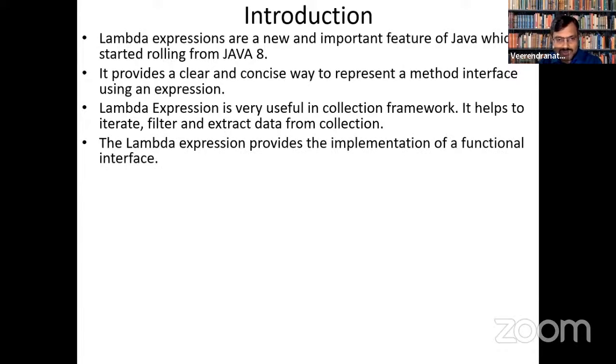Whenever we use a Lambda expression, it is the implementation of a functional interface. We generally didn't have the functional interface approach until Lambda expressions were introduced, and a lot of changes were made from Java 8.